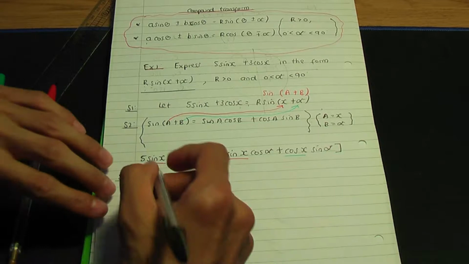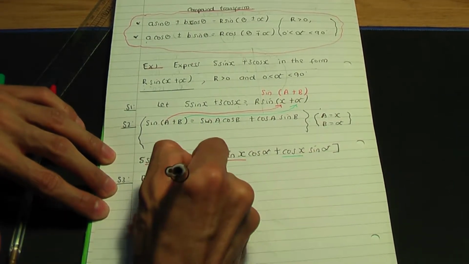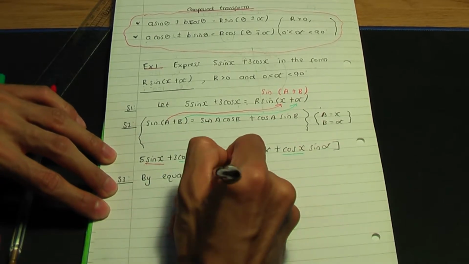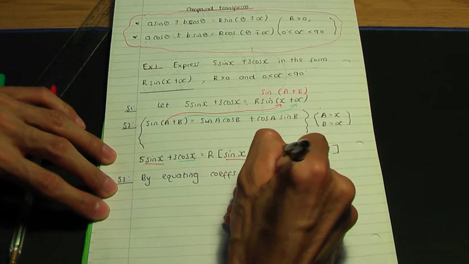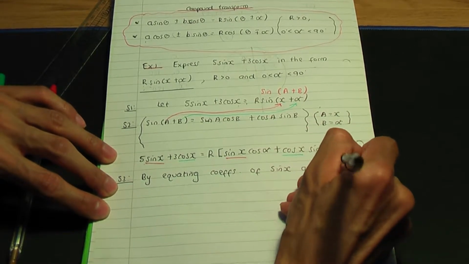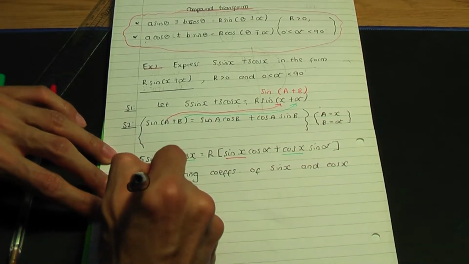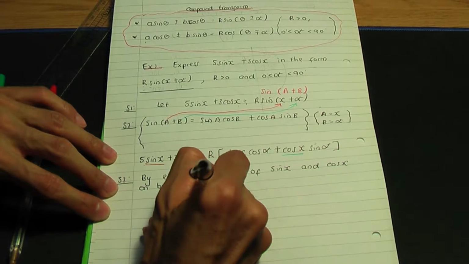Okay, let me write down the step though. So by equating coefficients of, so sine x first and cos x later on both sides.